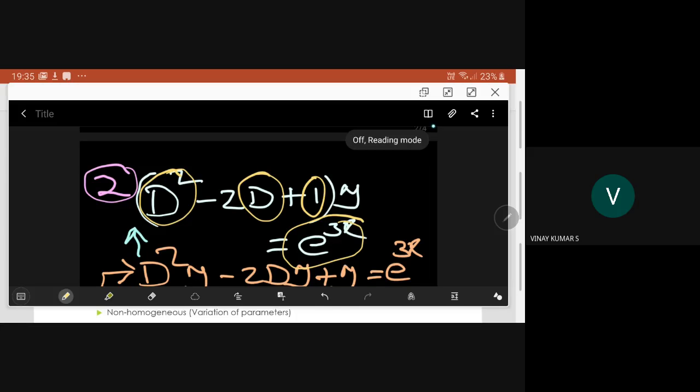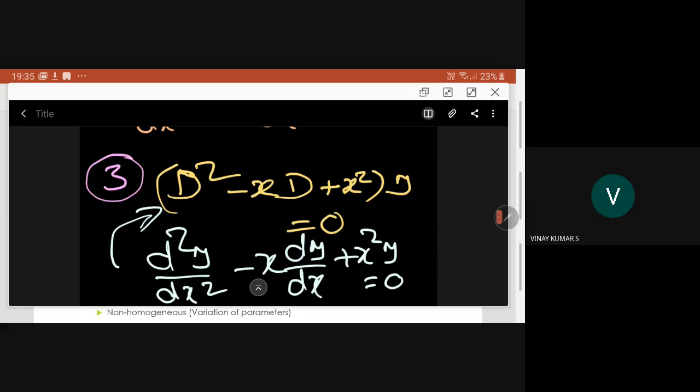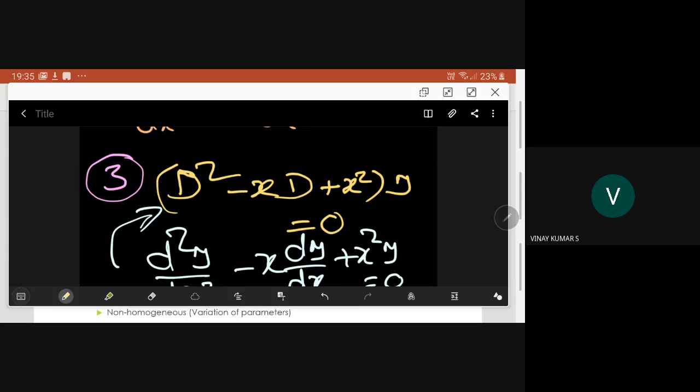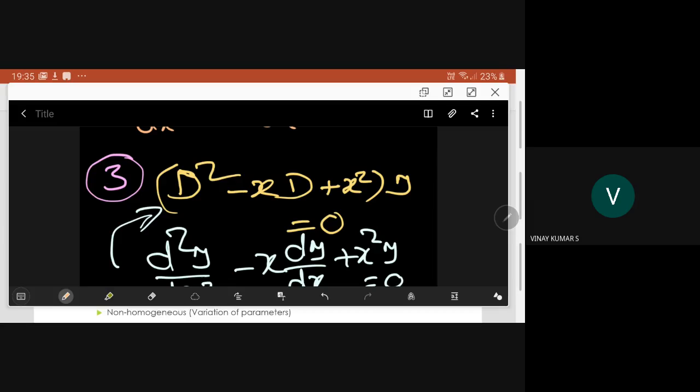Then we will go to the third example. You see here, the coefficient of D square is 1, fine. But the coefficient of D is not a constant, it is -x. x means the independent variable here. So the coefficient of D, the derivative, involves x, the independent variable.